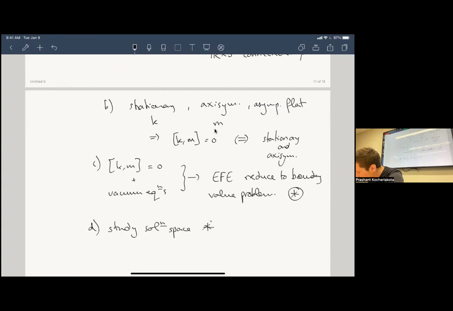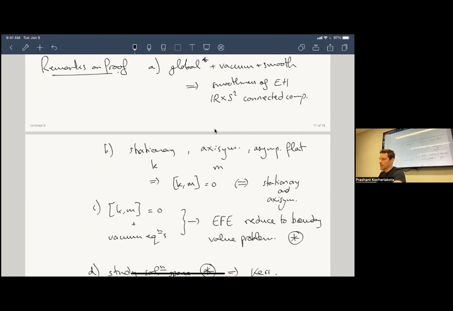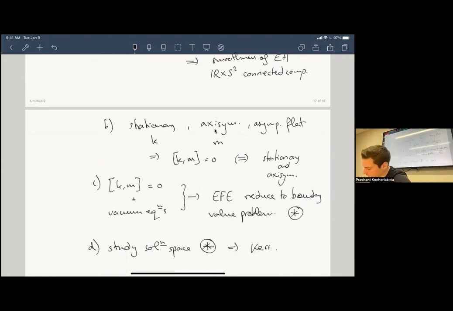You study the solution space of star, and you end up with Kerr. So step D is actually the hard step. Step A is pretty hard too, and that was actually done in the 2000s and 2010s. The old theorems just assumed that you had nice components. For instance, Hawking and Ellis and Robinson and Carter, all these people, they would just assume that everything's fine: you have a smooth event horizon, et cetera. So that stuff, step A, is pretty recent. Step B is Carter. This was a magical insight.